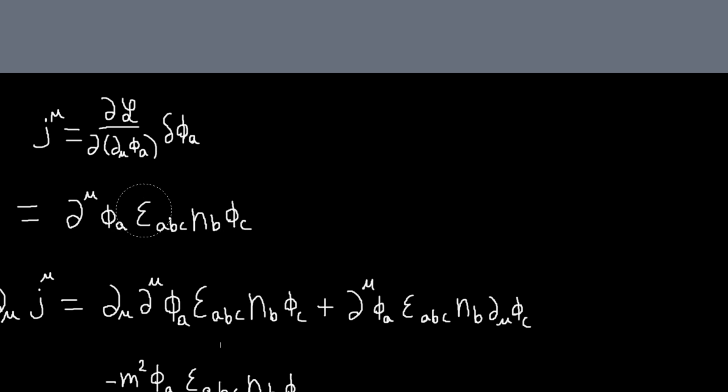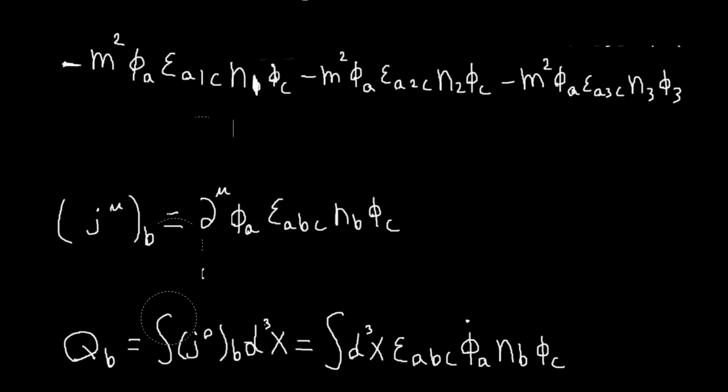But in this expression, I'm summing over b. And here I'm saying the bth term in that expression is given by this. So here I'm not summing over b. Here b is either 1, 2, or 3. So I have 3 conserved currents, one for each value of b.